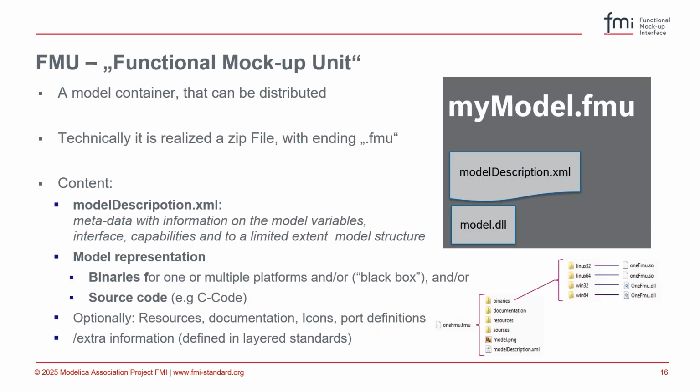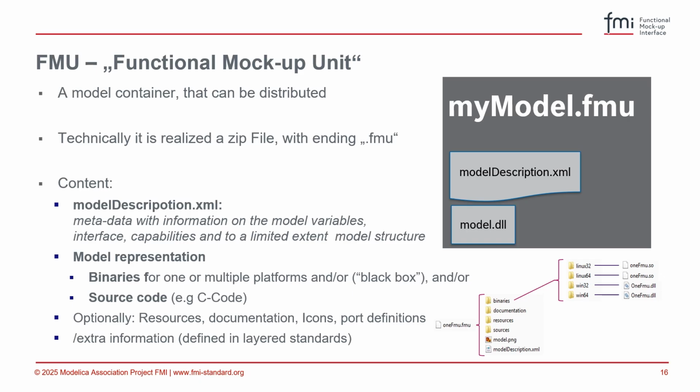Let's now have a look at the FMU, that is the model container that can be distributed. Technically, it is realized as a zip file with the ending FMU, and it contains the model description XML file with metadata containing information on the model variables, the interface, and certain capabilities of the model, and to a limited extent also the model structure.